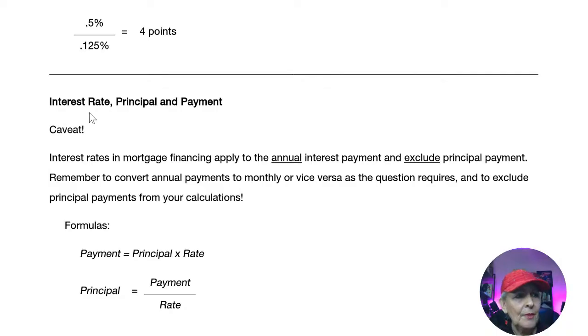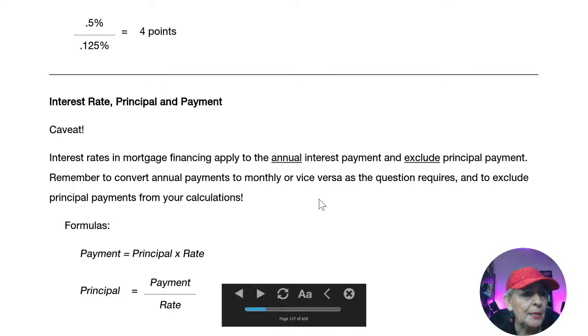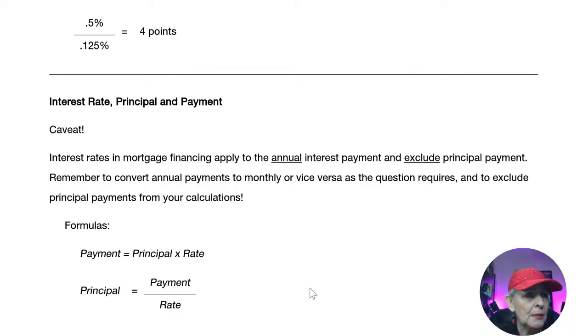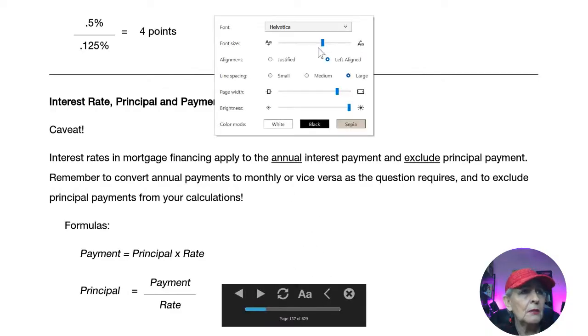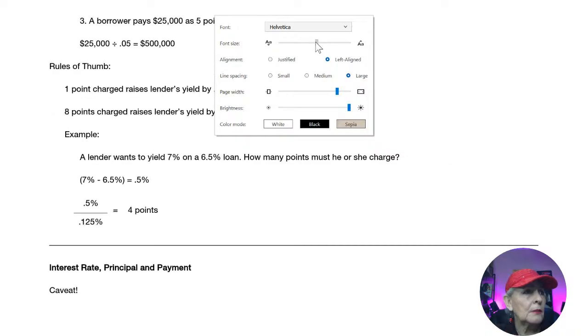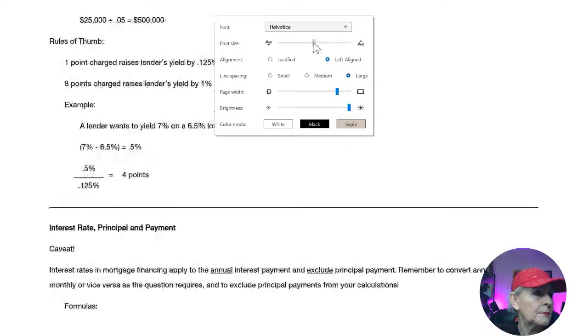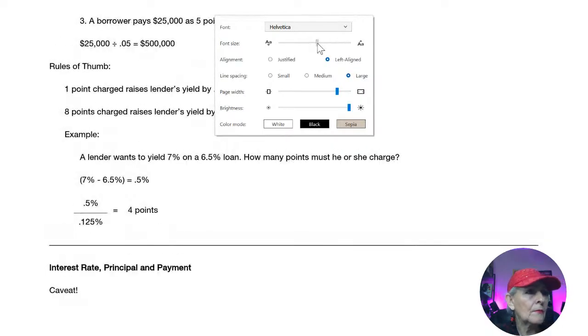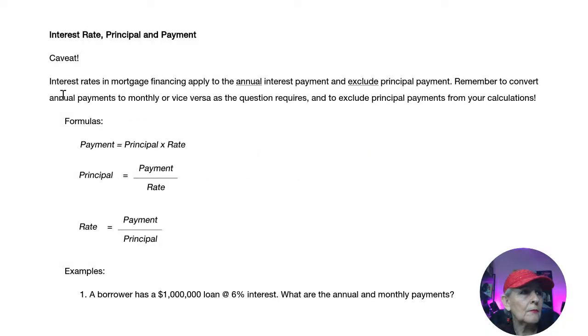Okay. Interest rate and principal payment. So the formulas are, let me... Interest rates in mortgage financing apply to the annual interest payment and exclude principal payment.